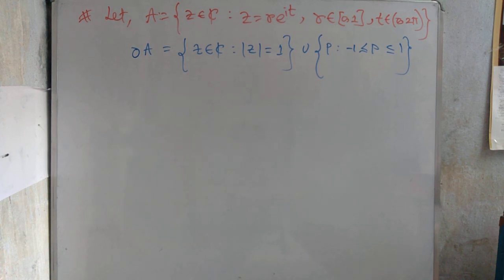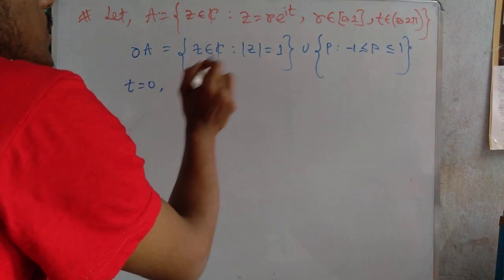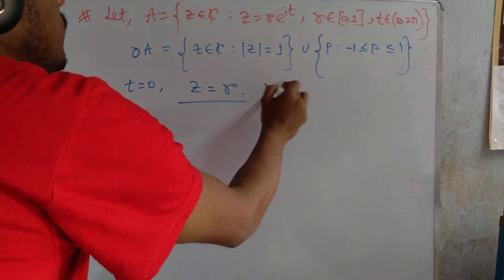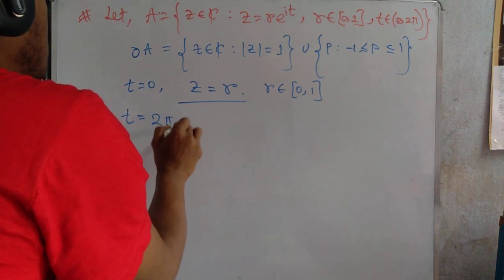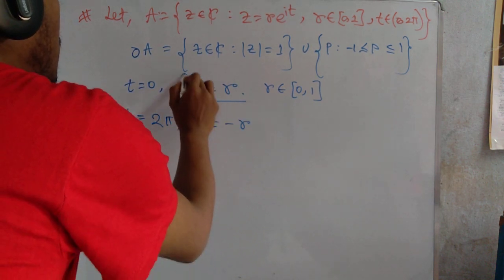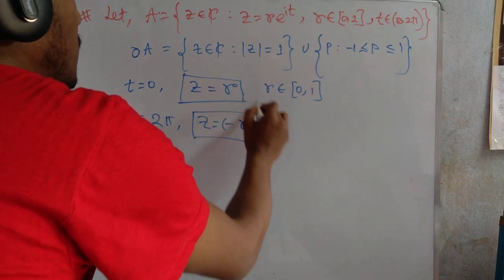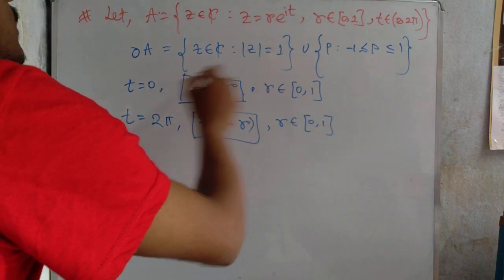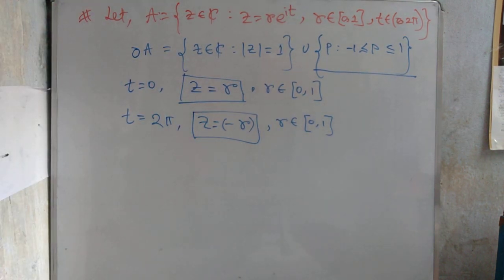Understood or not? I think understood. Why? Because if we put t equal to 0 then z equals just r, and r belongs to [0, 1], and if t equals pi then z equals minus r. Then here r belongs to 0 to 1, that means this range is this.